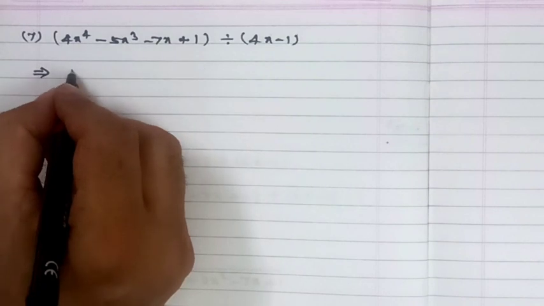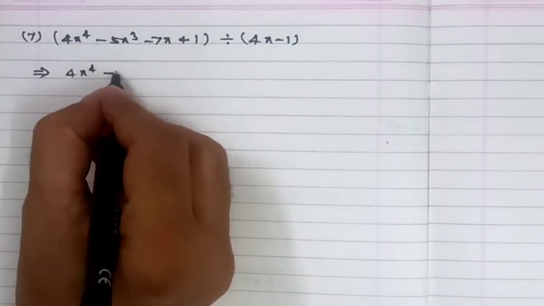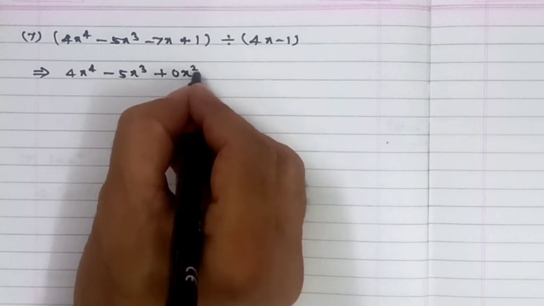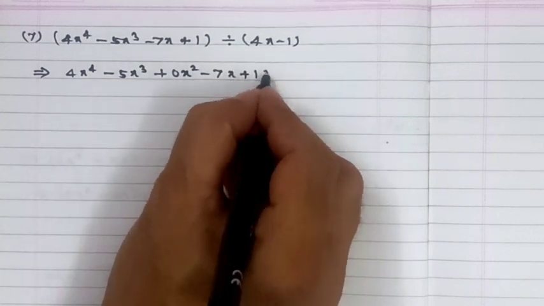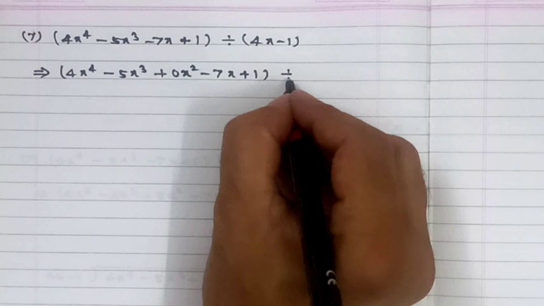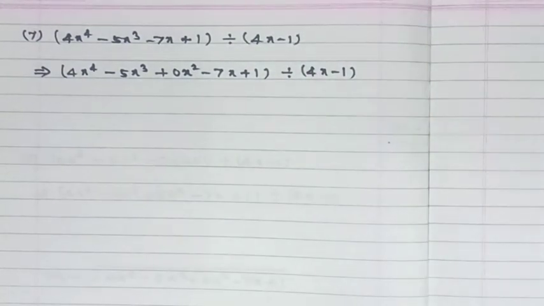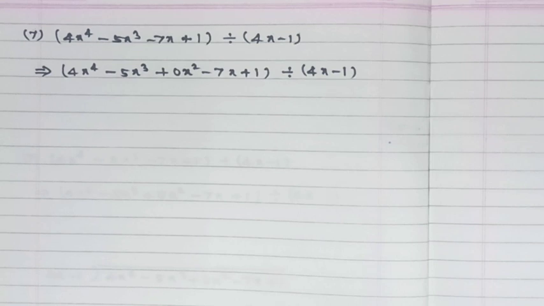So I can write it as 4x raised 4 minus 5x cube plus 0x square minus 7x plus 1 divided by 4x minus 1. My dear student, I have told you if any index term is missing, assume the coefficient of that term to be 0 and then complete the descending order, and which I have done here.